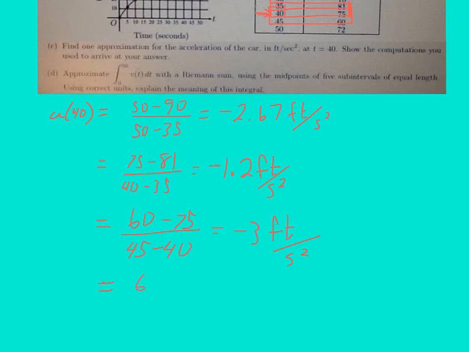So we ended up at 60, we started at 81, and we went from 35 to 45. So we ended up at 45, started at 35. This is all kind of final minus initial. And we get 21 divided by 10. That is 2.1 feet per second squared.